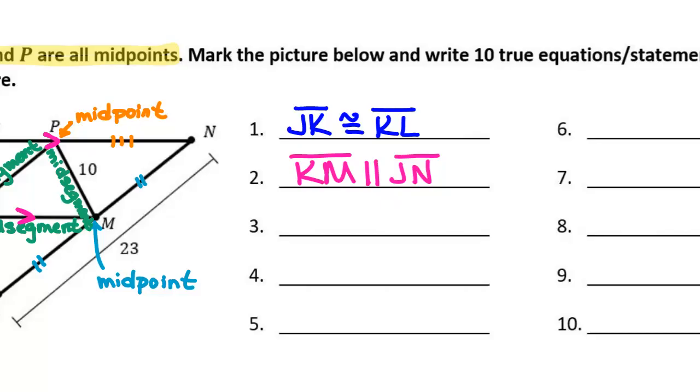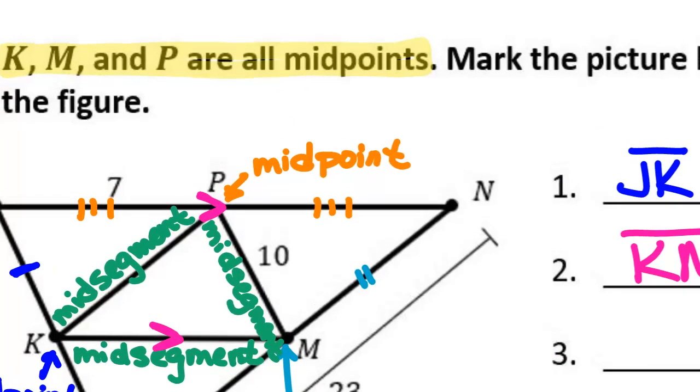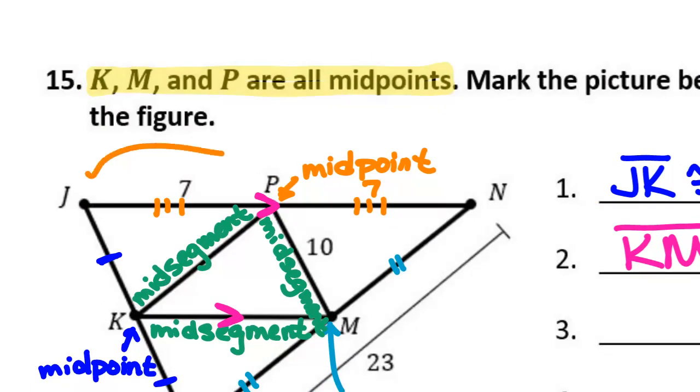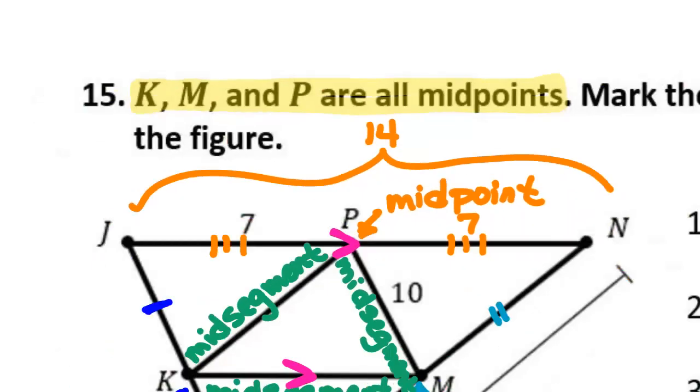Well, if JP is 7, how big is PN? 7. So how big is this whole side then? That whole side is 14.